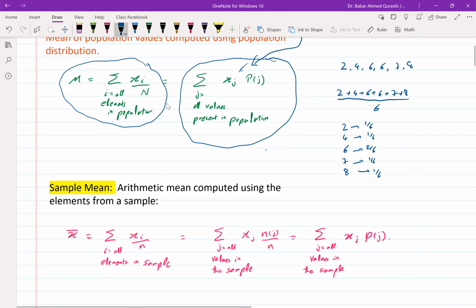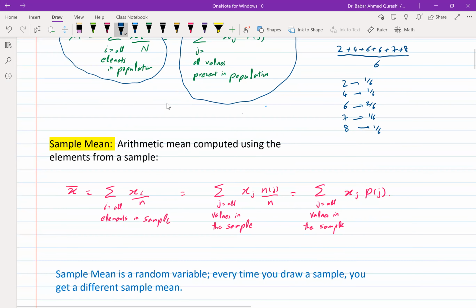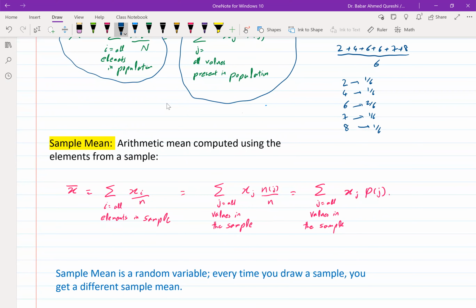Now what you can do, you can pick a sample from this population, and now this time you compute the mean for the values, or elements, you have got in the sample only. So it's exactly the same concept, but if you do it inside a sample taken from the population, then it would be called the sample mean, and is denoted by x bar.